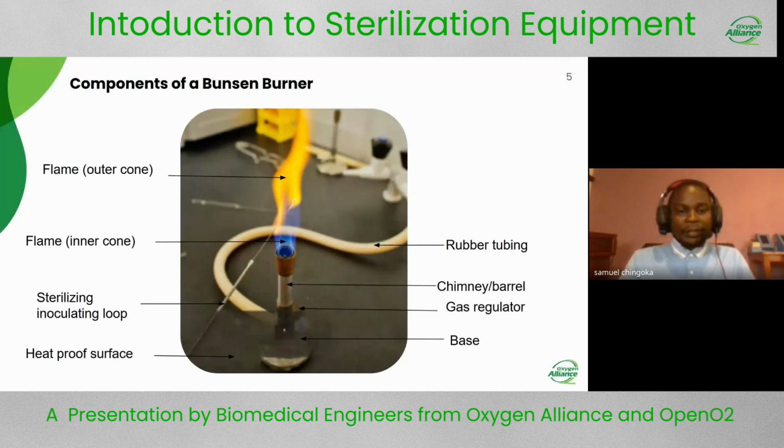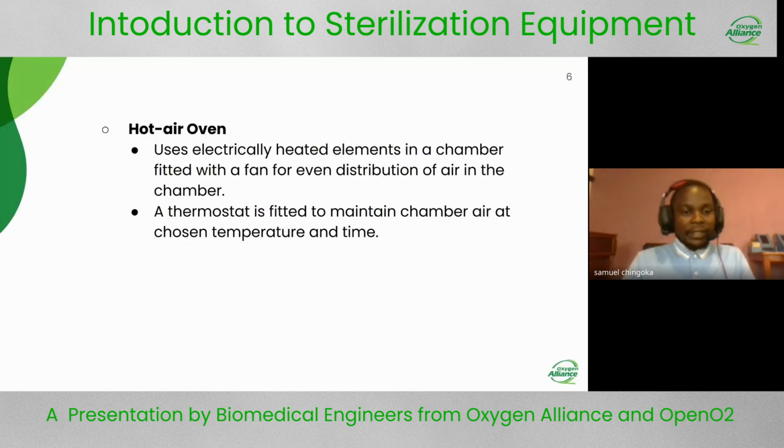With a Bunsen burner, we have a flame where we are heating our object. In this case, it's a sterilizing inoculating loop. By flaming, we are exposing it to very high temperatures, where we are going to kill these microorganisms. So basically, that's what flaming is.